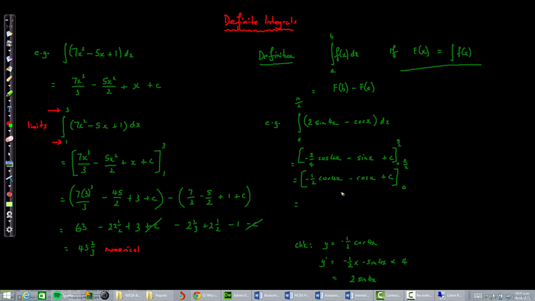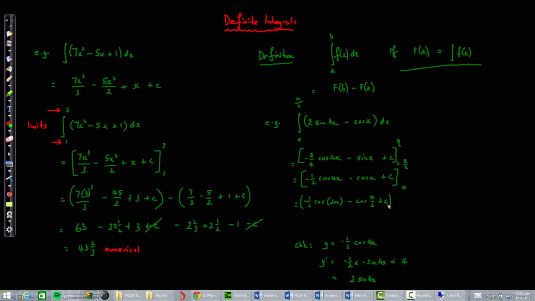So let's substitute pi over 2 in here. It's going to be negative a half times the cosine of 4 times pi over 2, which is 4 pi over 2, so 2 pi, minus the cosine of pi over 2 plus our constant.